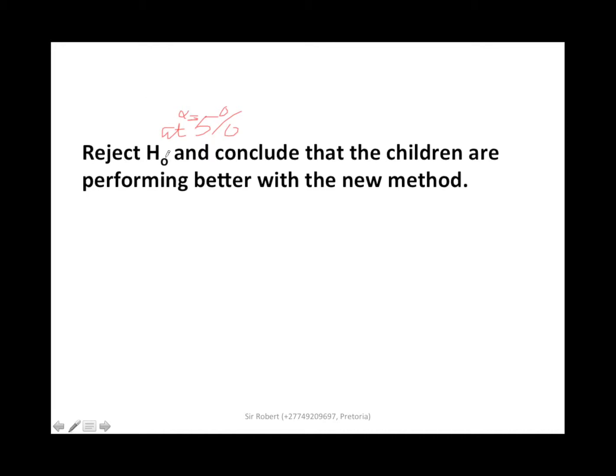We are rejecting H0 at alpha equals 5% and conclude that the children are performing better with the new method. So always include alpha. If you don't do that, because if your alpha is equal to 10%, it can lead us into accepting it. For example, if your alpha is 10%, it may result differently. So you must always specify that you are rejecting at alpha equals 5%.